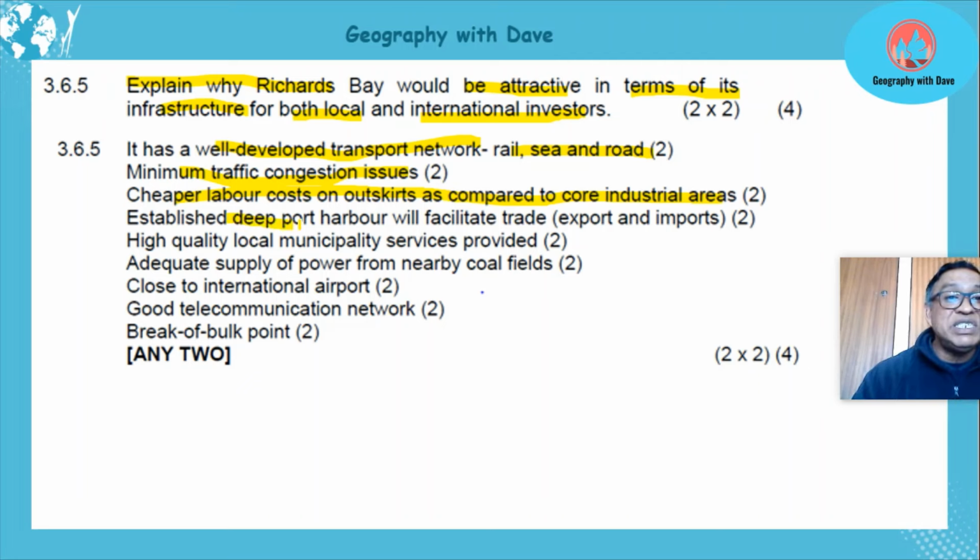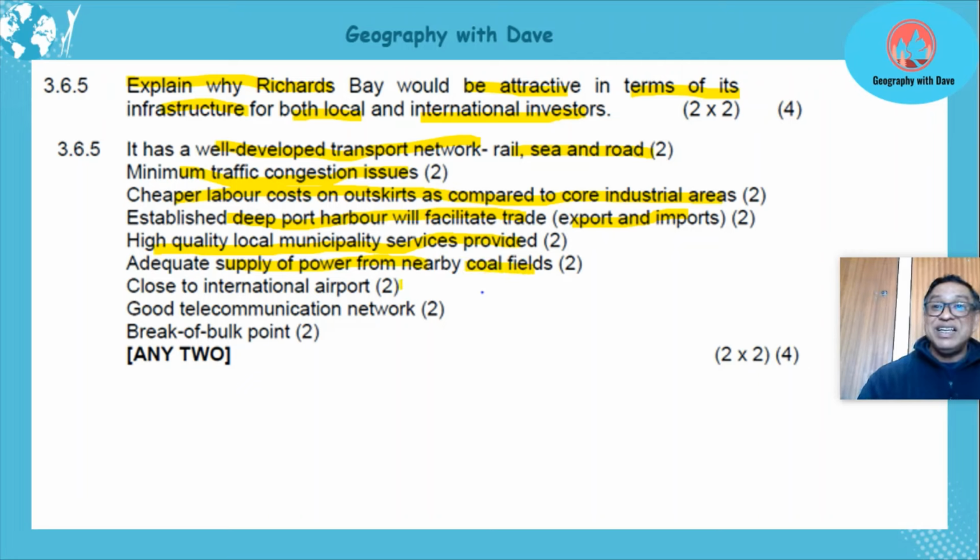They established a deep port harbor, which will facilitate trade internationally for exports and imports. High quality local municipality services are provided, because now the quality of the municipality services will be upgraded to attract investors. Okay. Adequate power supply, all right, with coal fields nearby.